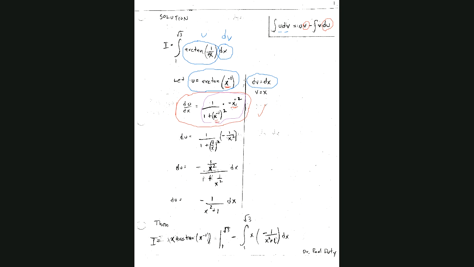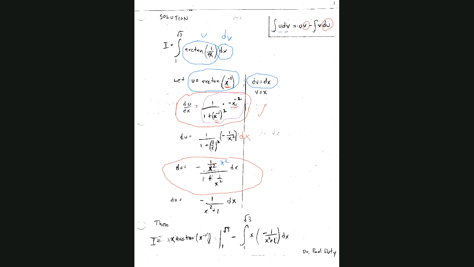Okay, and actually I do need a dx here, don't I? I do need a dx here. Okay, and so if you know, we're at this stage here now, and if you multiply the numerator and denominator by x squared, that's just like multiplying through by 1, right?